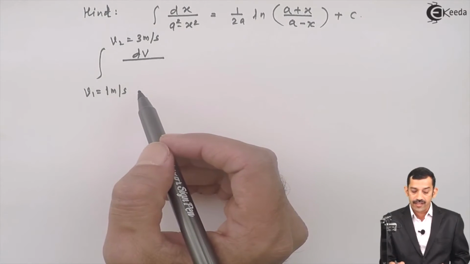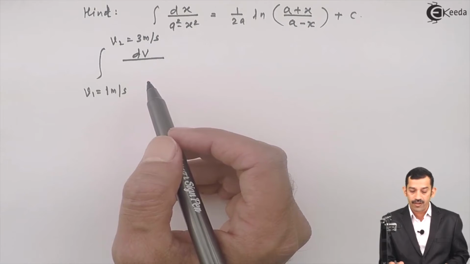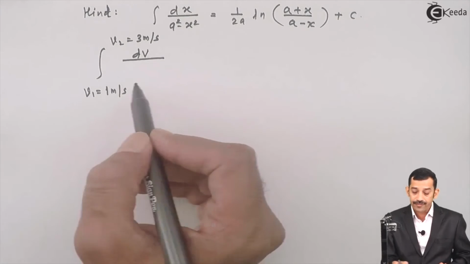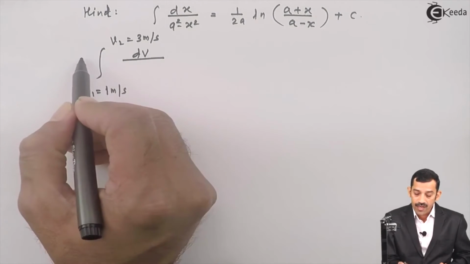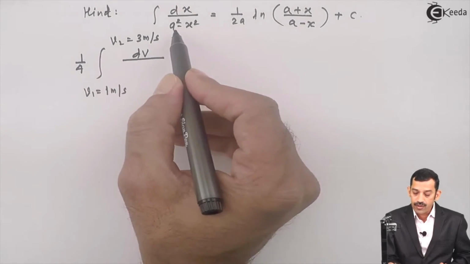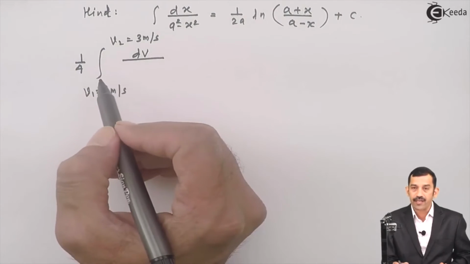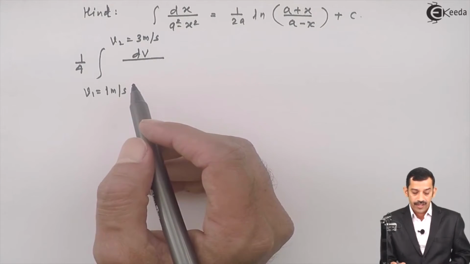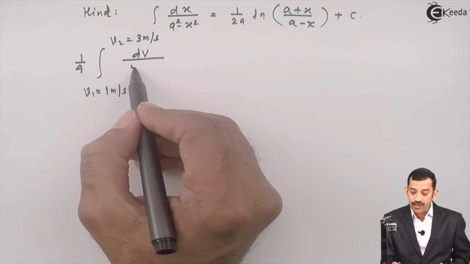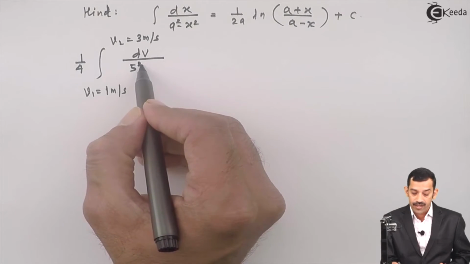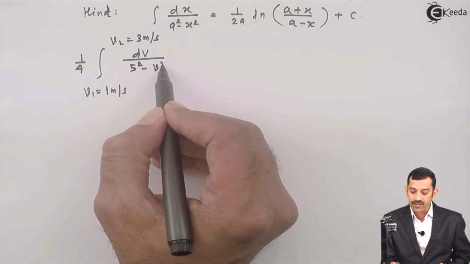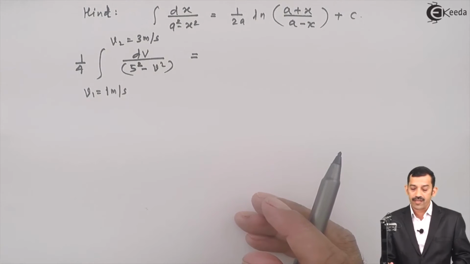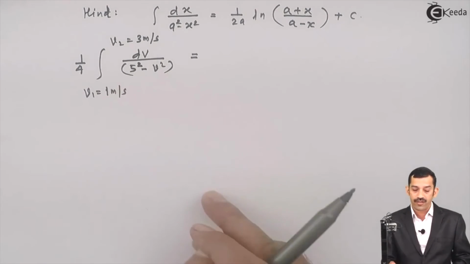Therefore I take 1 by 4 common. From 100, if you take 4 common, I get 25, which is easy to write as 5 square minus v square. This is the integral of the same dv upon 100 minus 4v square. I have written it like this.